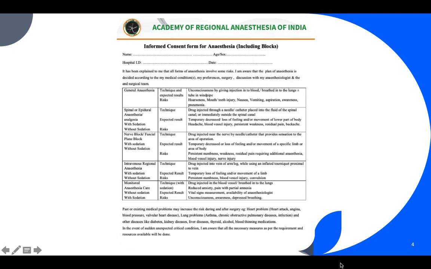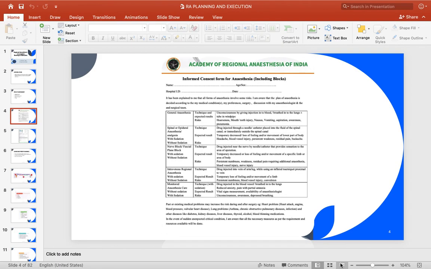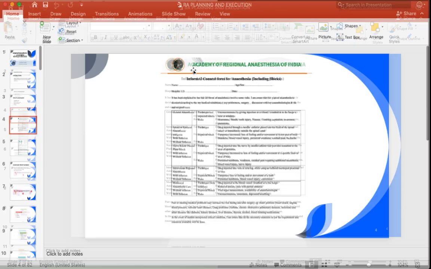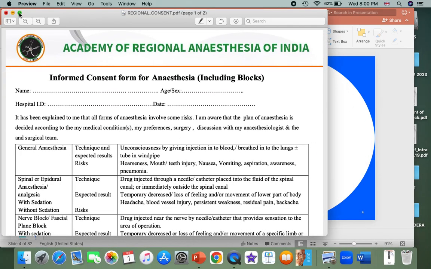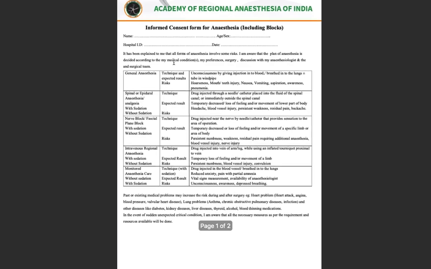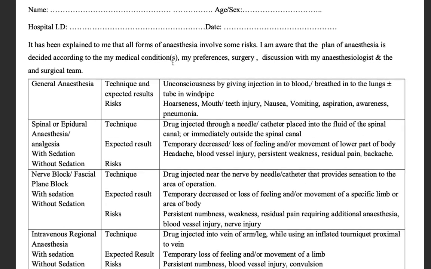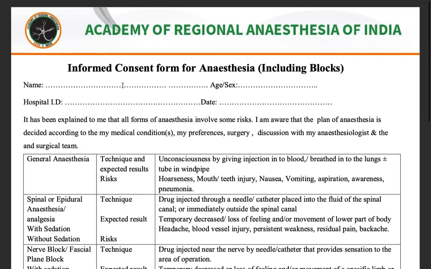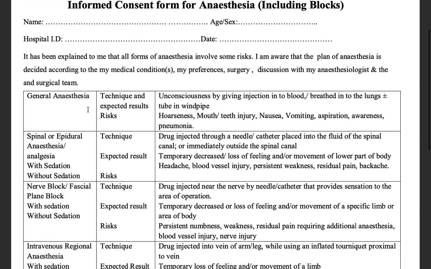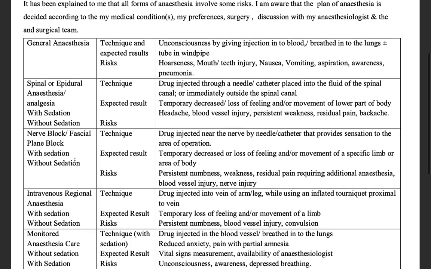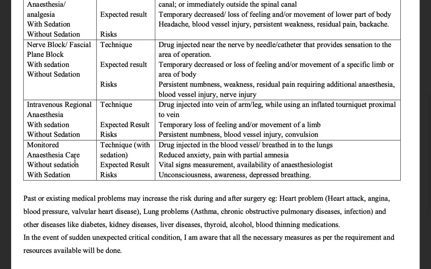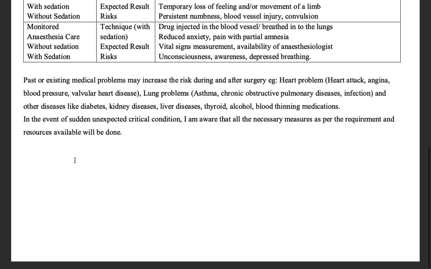This is a very nice consent form designed by the Academy of Regional Anesthesia. I will show a bigger image of it. Here you can see this is the informed consent designed by the Academy of Regional Anesthesia, where there are separate consents for general anesthesia, spinal anesthesia, and nerve block, and it explains the exact procedure.